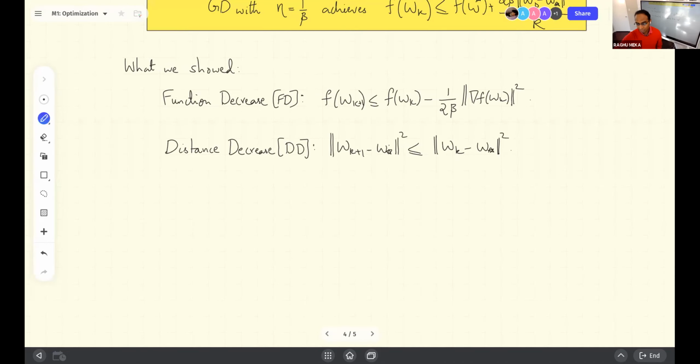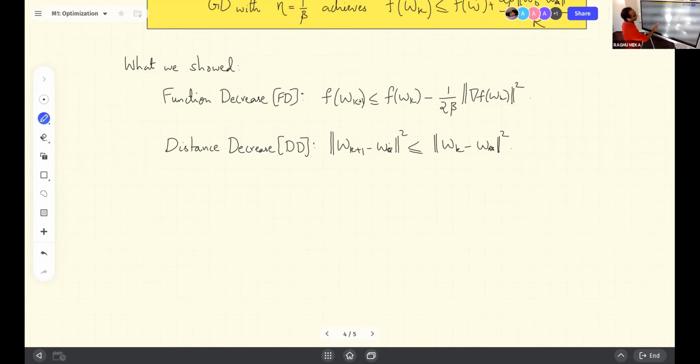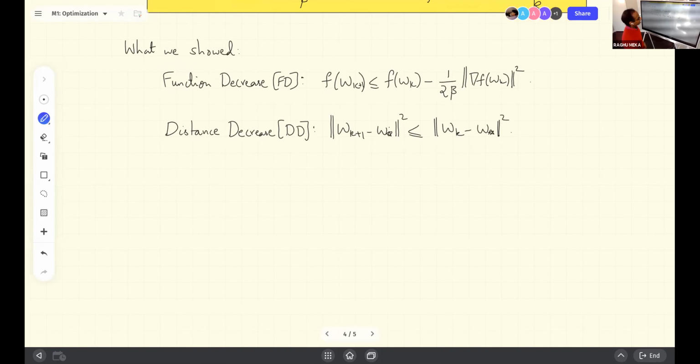So today we'll use these properties to show our bound on gradient descent. Let's start with what else we can say going from here. Recall there was one more property that we had: the fundamental lemma of convexity. There is a characterization of convex functions in terms of the gradient. We said a function is convex if the tangent line at any point is completely below the curve.